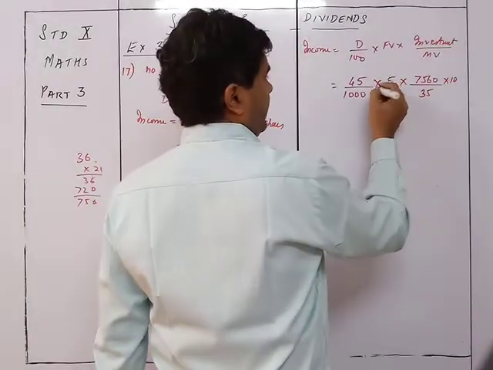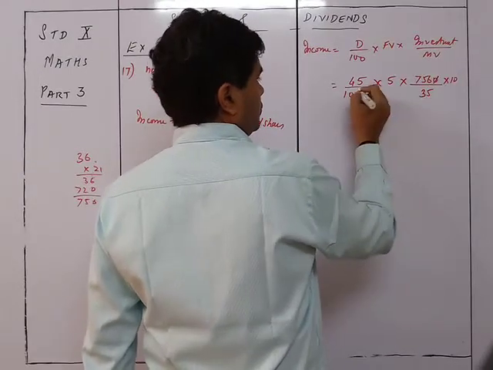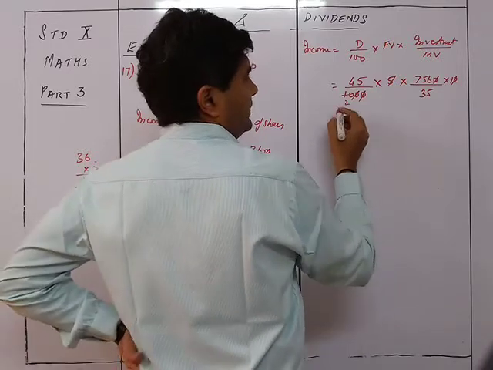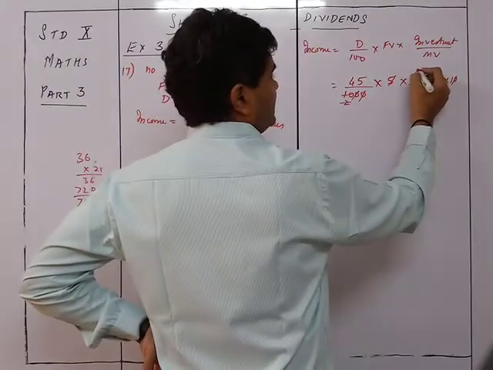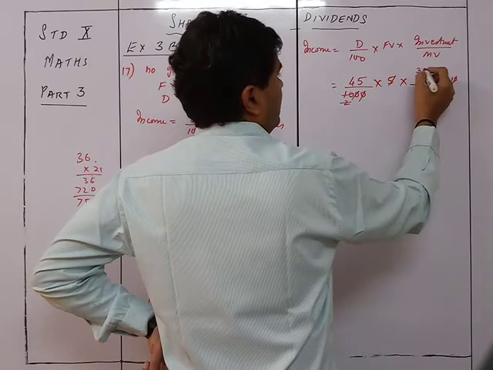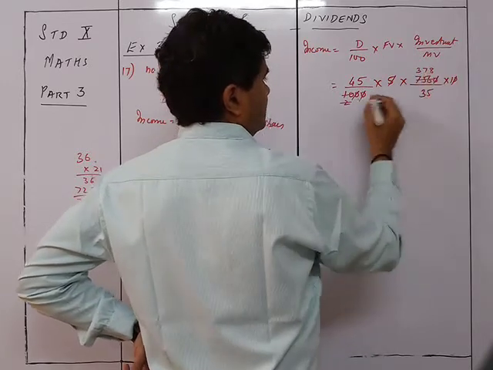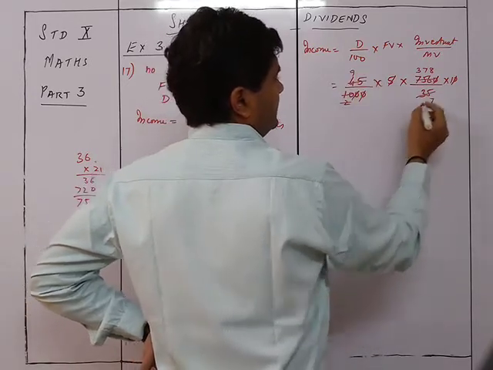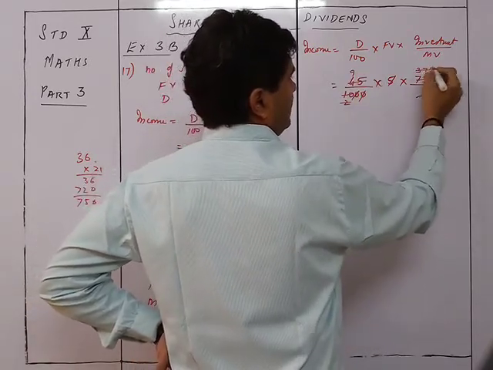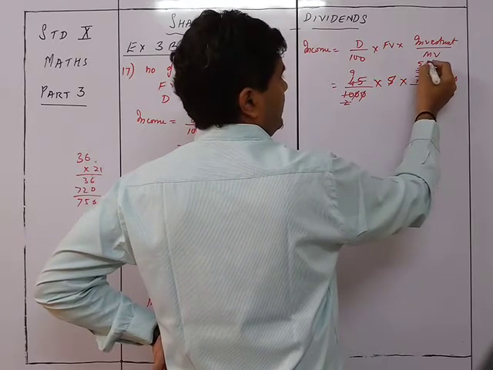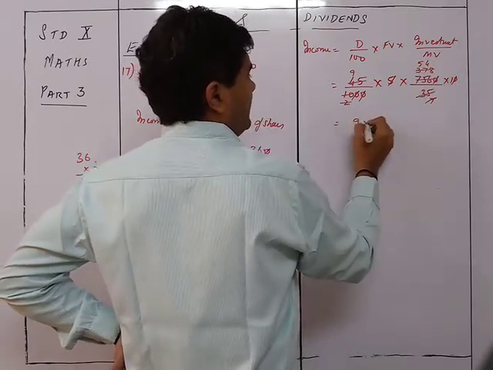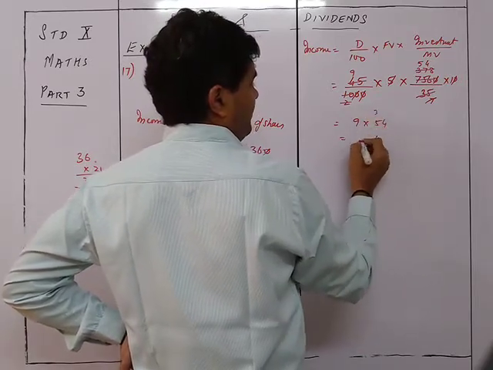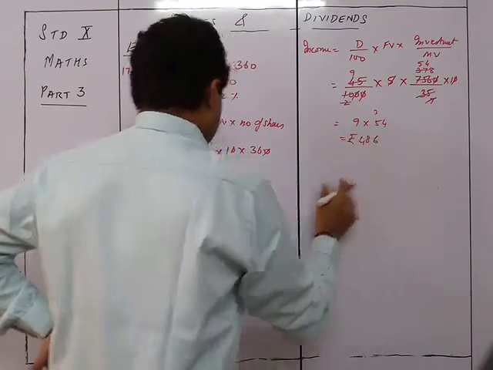So this is going to be 1, 2 cancels, 5 and 2 over here, then 5, 2, and this is 3, 7, 8, this is 7, 5, this is 9, this is 7, 5, 35, 28, so it will be 4, so that will be 9 into 54. 9 4s are 36 and 9 5s are 45, 48. So that is rupees 486.